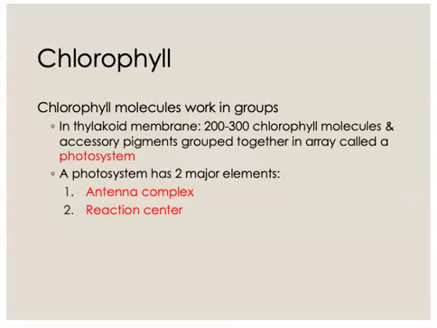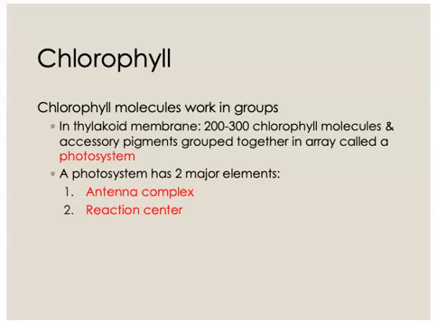The other thing we need to know about chlorophyll is that this pigment works in groups of molecules. In a thylakoid membrane, there are anywhere from 200 to 300 individual chlorophyll molecules and accessory pigment molecules that get grouped together in arrays called photosystems. So a photosystem is a group of chlorophyll molecules, again, somewhere between 200 and 300.